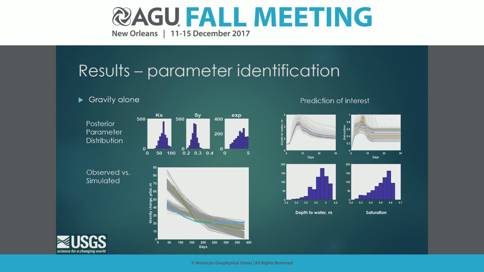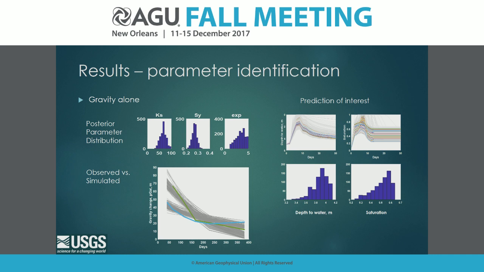On the right then are our prediction of interest. The left plot shows the depth to water, again, adjacent to the channel. And on the right, we see saturation at 50 centimeters depth. On the bottom, these histograms show the distribution at day 30. So at the right edge of this upper plot, this is the distribution of the acceptable models.